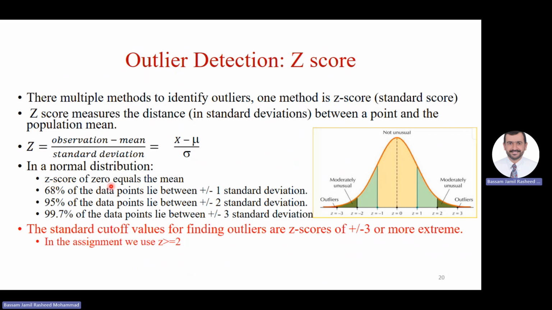In a normal distribution, the z-score of 0 equals the mean. So if you have data which lies right at the mean, its z-score is 0. Then 68% of the data points lie between plus or minus one standard deviation. Now I'm assuming normal distribution, keep that in mind.